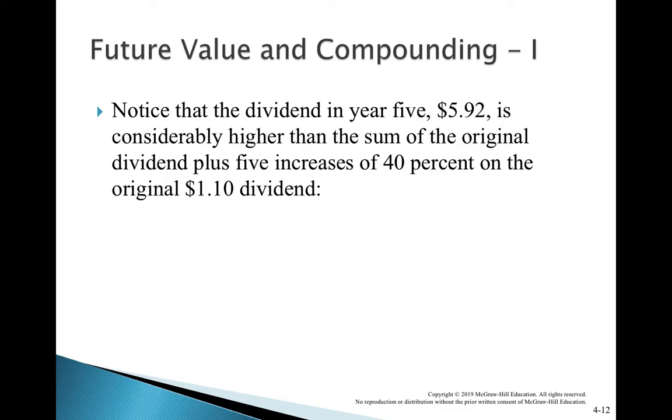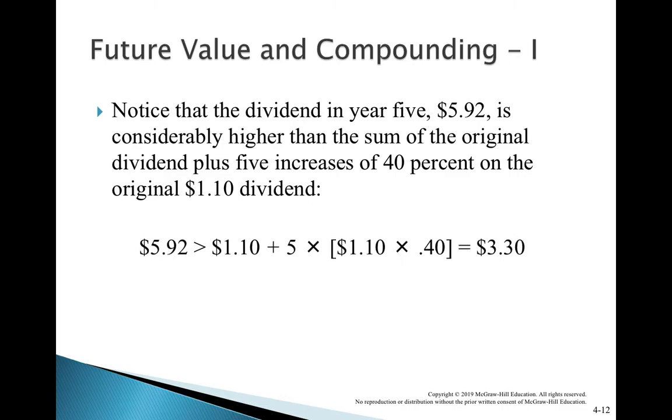The original payment is $1.10. 40% of that is 1.10 multiplied by 0.4.